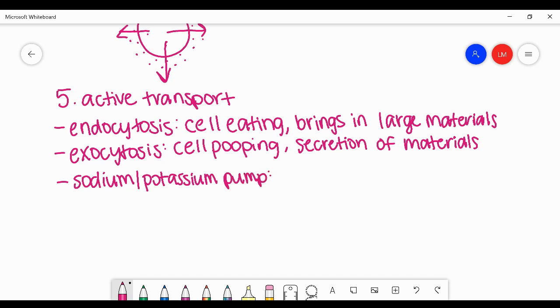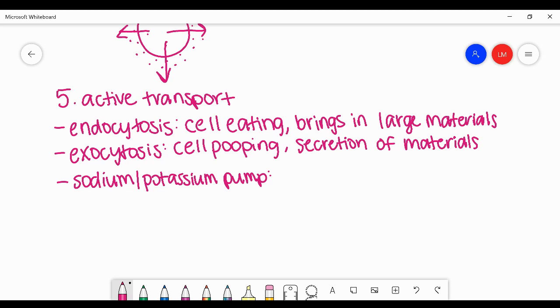So when we defined active transport earlier, we had said that it was the movement of materials from low concentration to high concentration using energy. And so in the cell membrane, there is a special pump protein that pumps sodium out and potassium in. And since that's going against what the cell naturally wants to do, it does require energy.